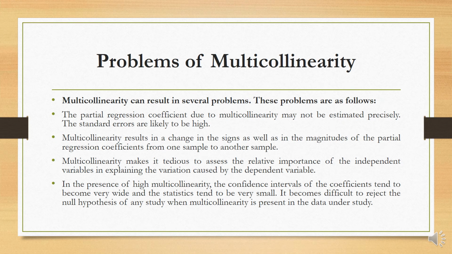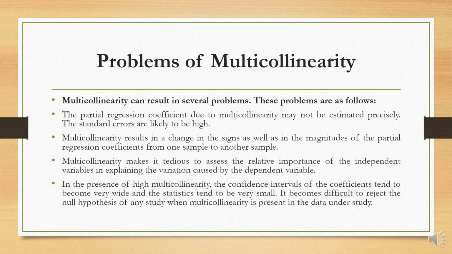The problems of the multicollinearity. Multicollinearity can result in several problems. These problems are as follows. The partial regression coefficients due to the multicollinearity may not be estimated precisely. The standard errors are likely to be high.